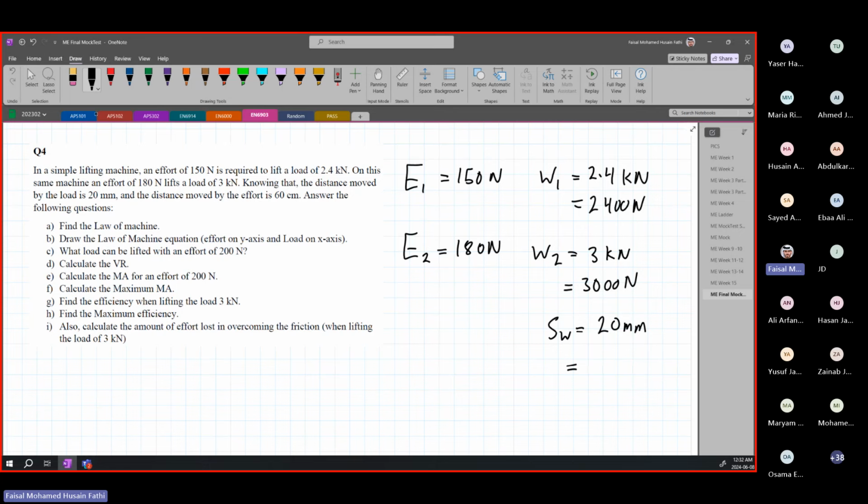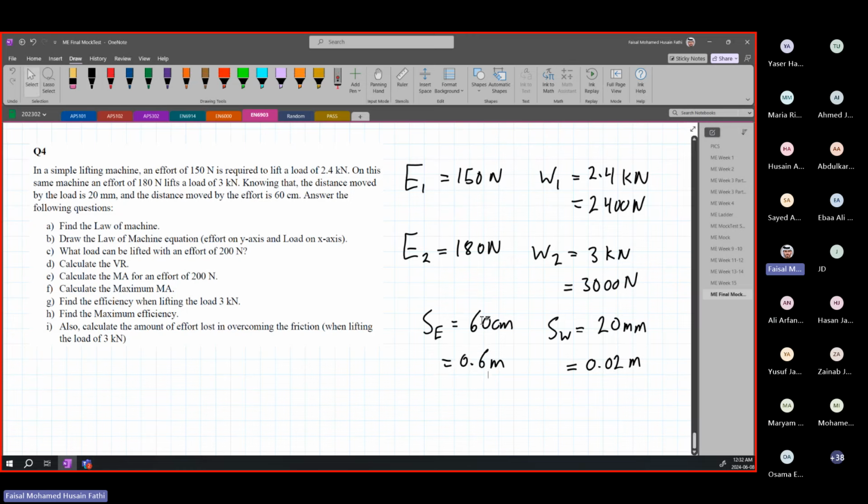Remember, you have to convert this into meters, so it is going to be 0.02 meters. And the distance moved by the effort, SE, is equal to 60 centimeters. Again, you need to convert this into meters, which is 0.6 meters. So these are our given values.